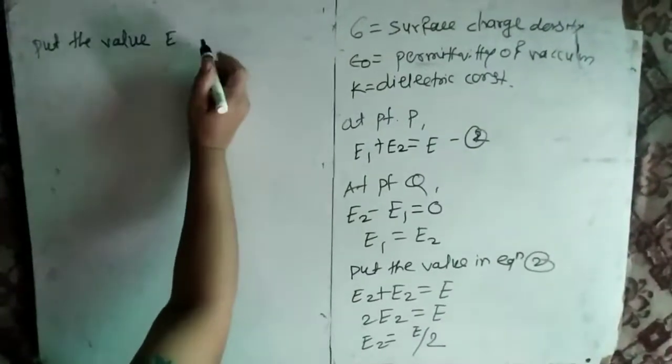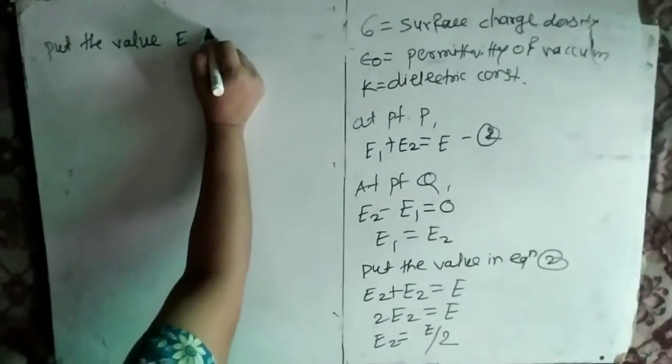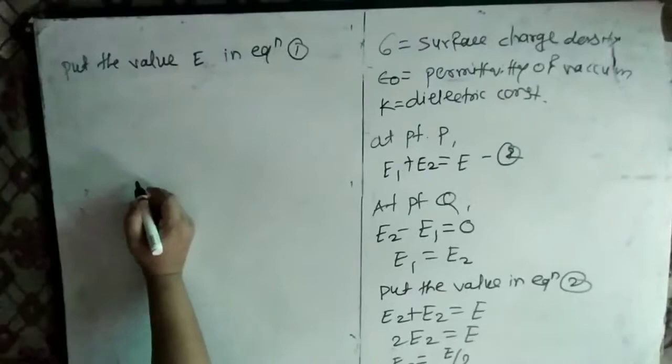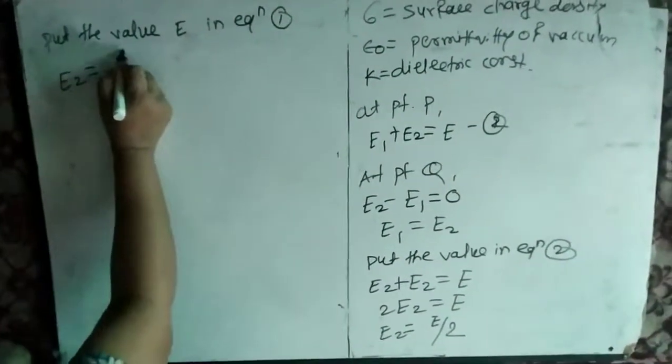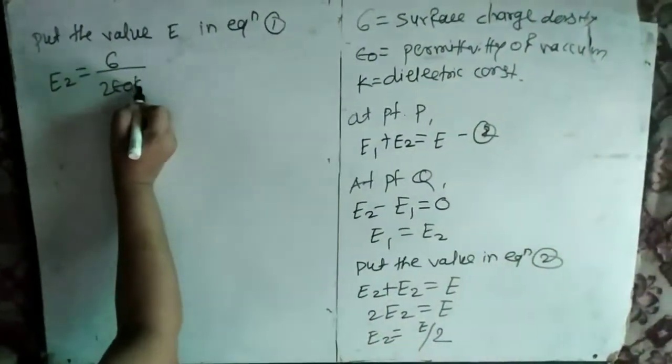Put the value of E from equation first. So E2 is equal to sigma upon 2 epsilon 0 k.